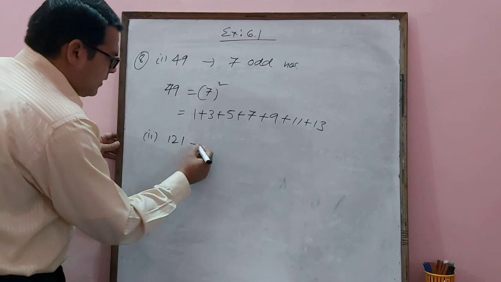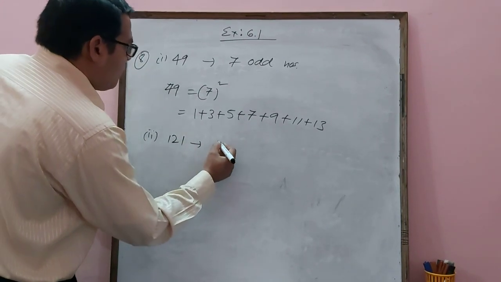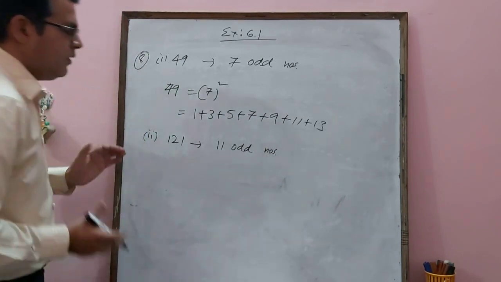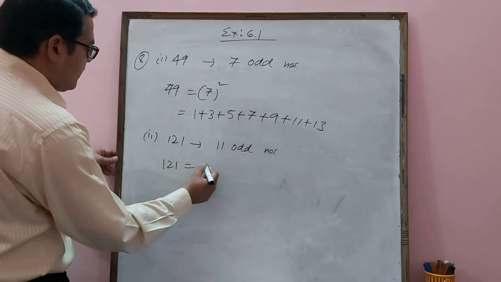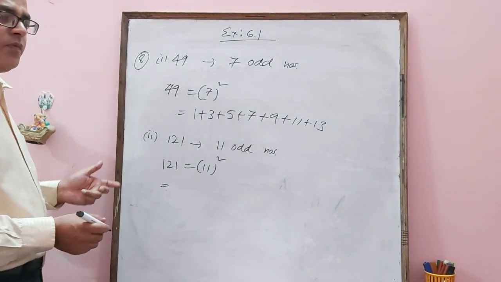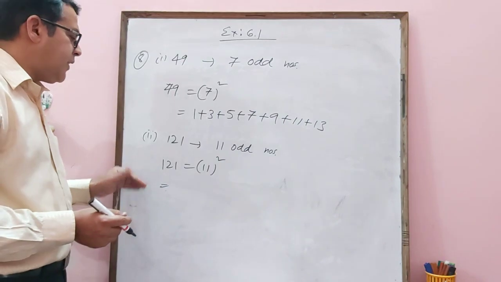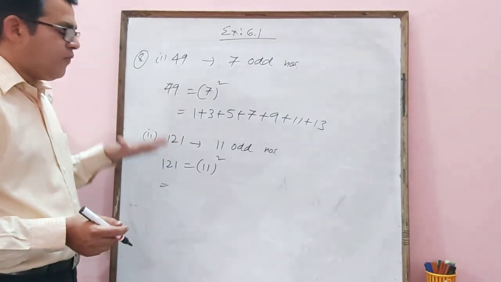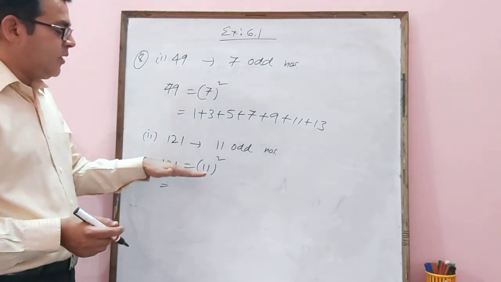121 as the sum of 11 odd numbers. This is also very interesting. 121 is the square of 11, we know that. It means, according to the property of squares, it will be the sum of the first 11 consecutive odd numbers.